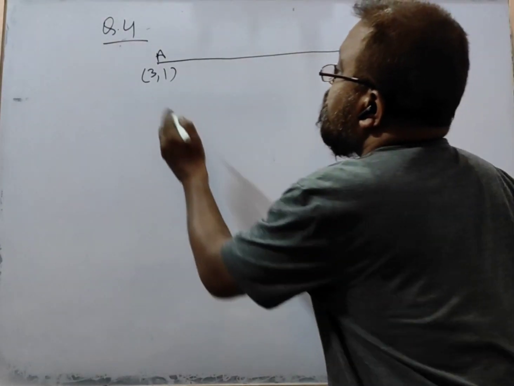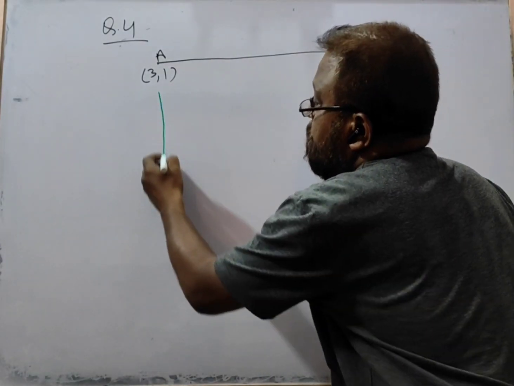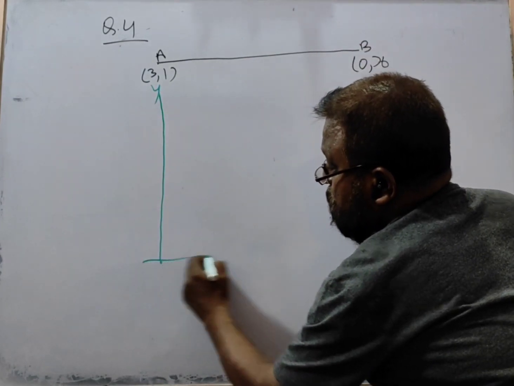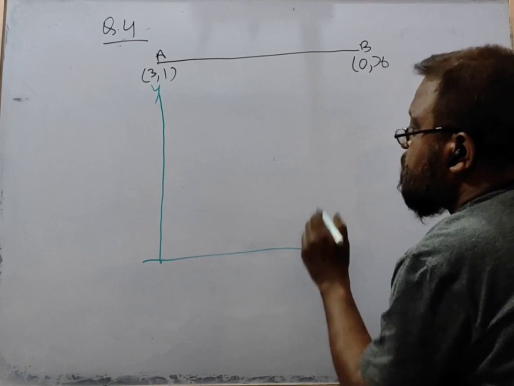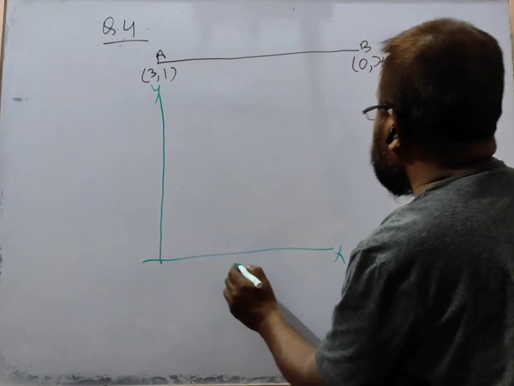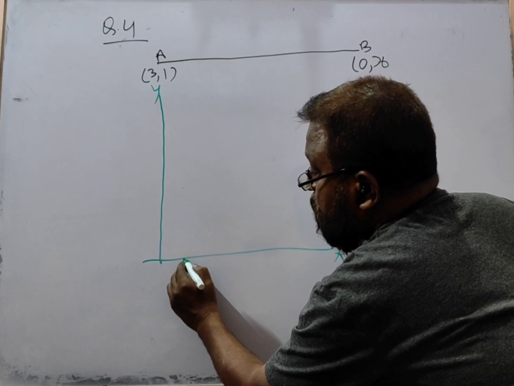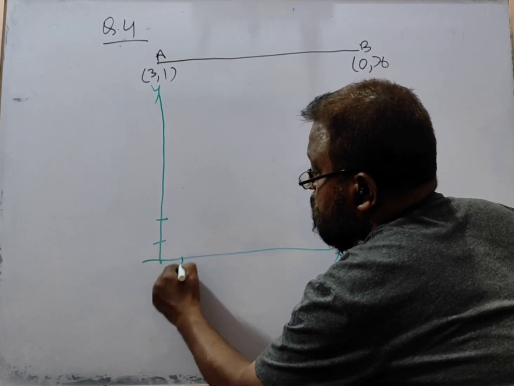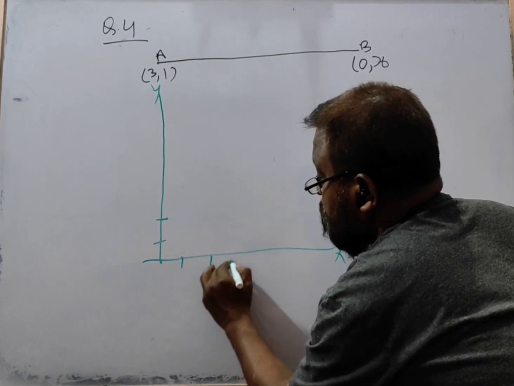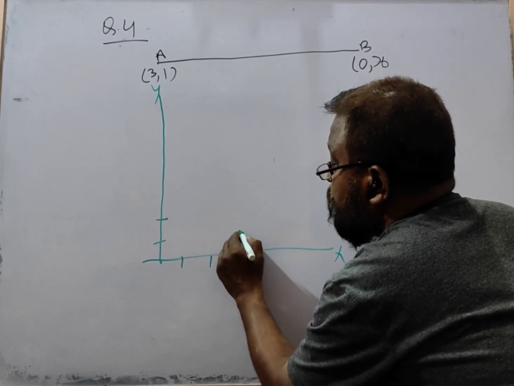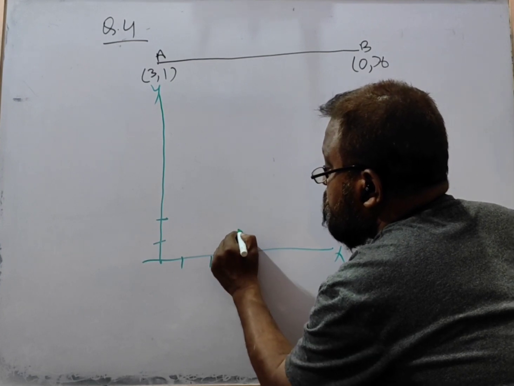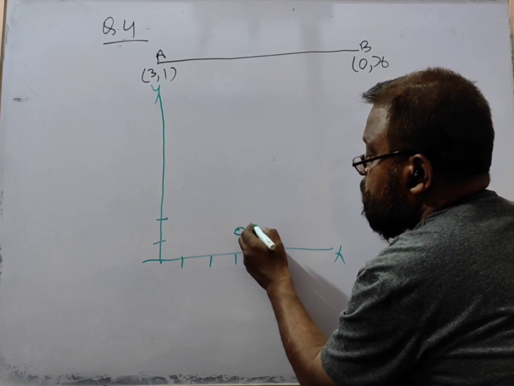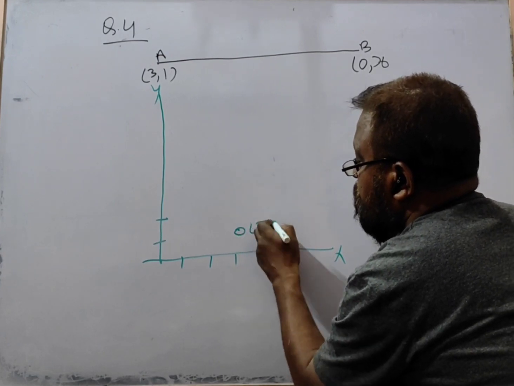As per the conditions, this is the y axis, this is the origin, this is the x axis. So there is a point 3, there is 1. This is 1, 2, 3. So this is at 3, 1.